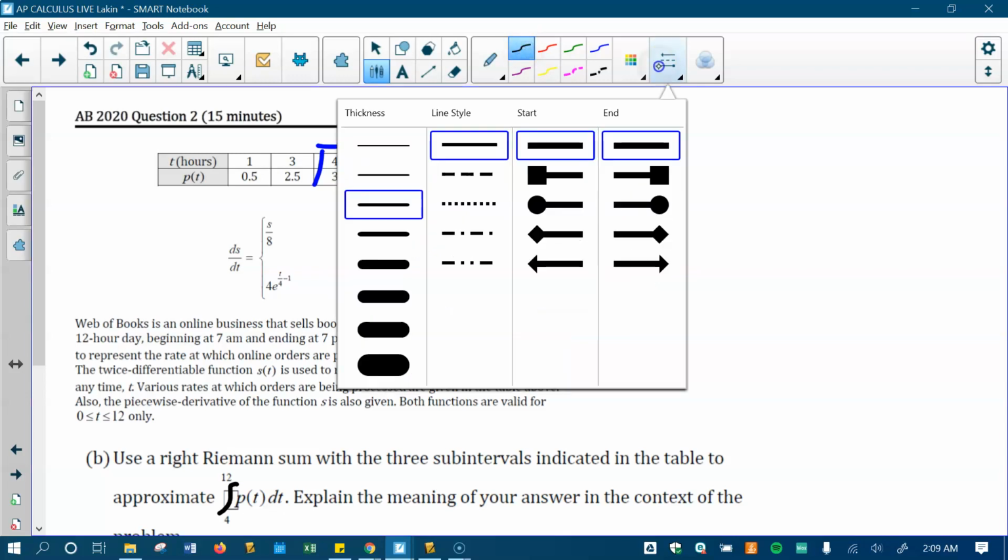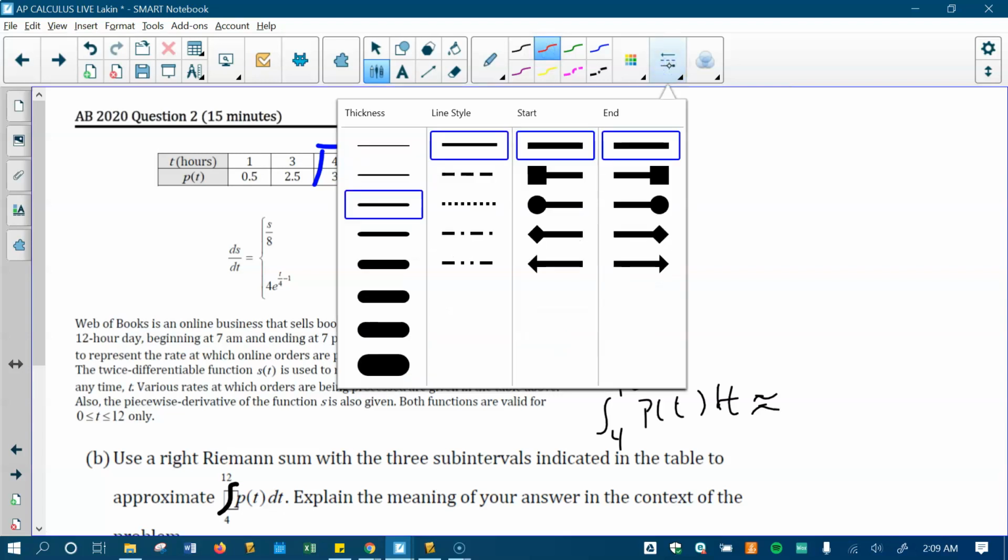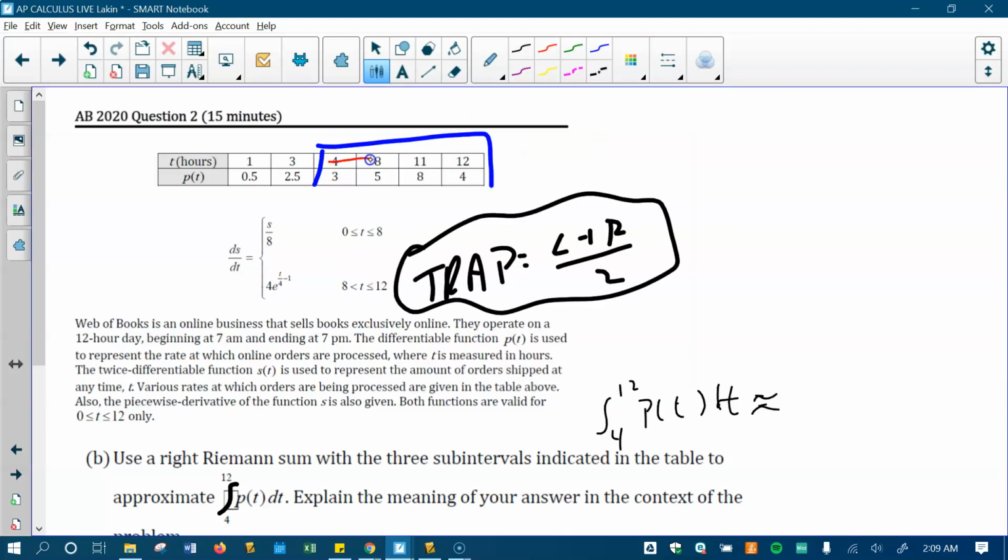Okay, so let's go and do our right Riemann sum. Our integral from 4 to 12 of p of t dt is approximately equal to, let's see here, let's get some colors. I need to go from 4 to 8.